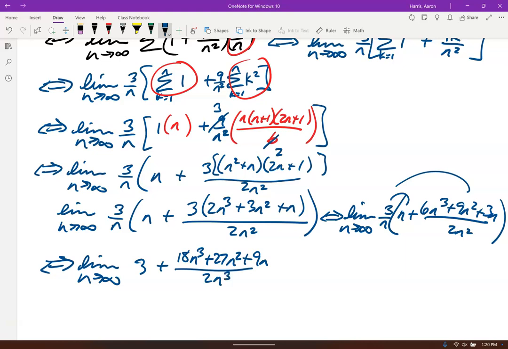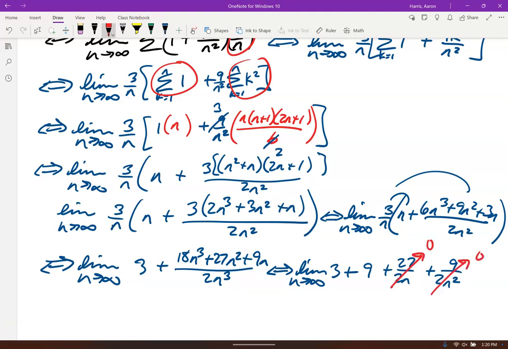Now it's to the third. So that's 3 plus, now I have 18n cubed over 2n cubed, so that's 9, plus 27n squared over 2n cubed, so that's 27 over 2n, plus 9n over 2n cubed, so that's 9 over 2n squared. Now I run this to infinity, so that'll go to 0, that'll go to 0.